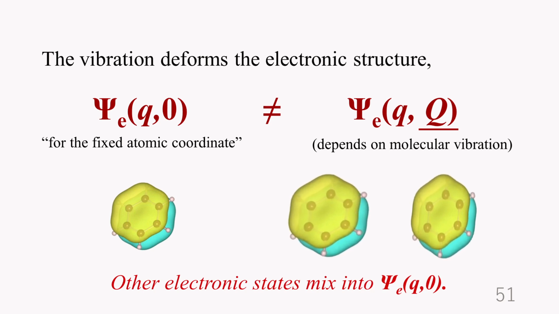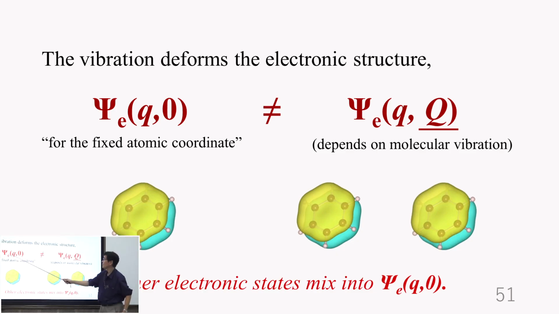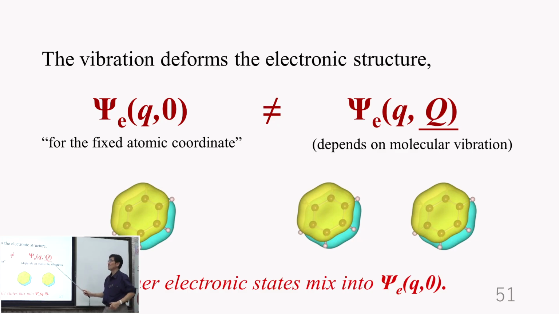That is, the wave function of the electron at a given coordinate, charge q at coordinate 0, that is the stopping structure, is not equal to the electronic wave function with the charge q with vibrating coordinate along Q. So we need to consider this feature, the vibration dependence of the electronic wave function.